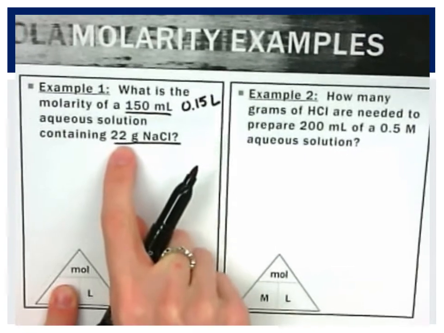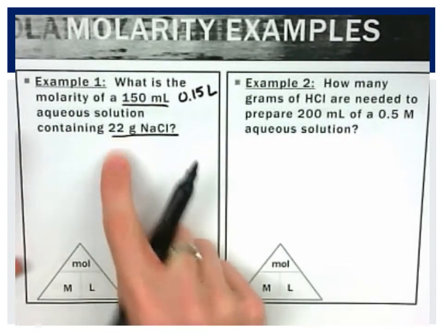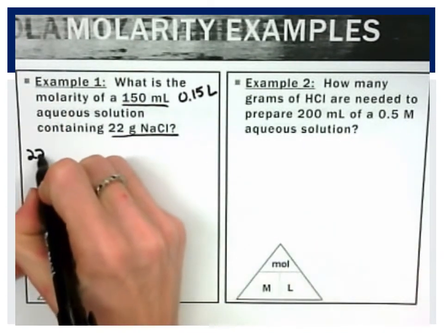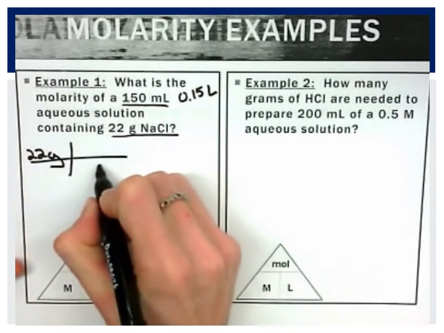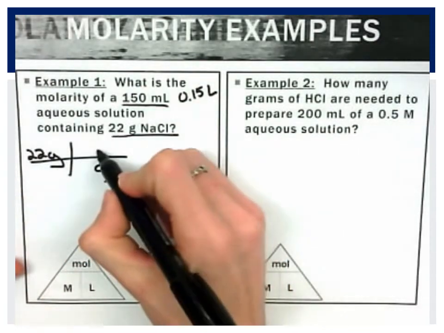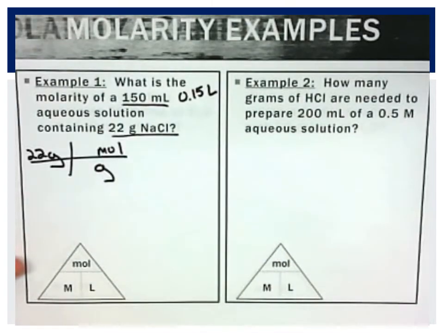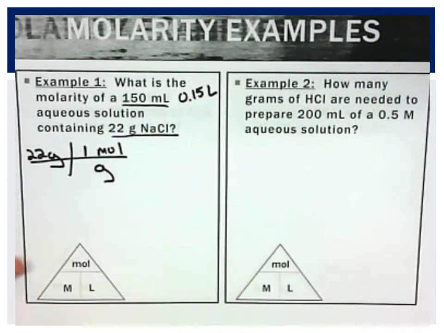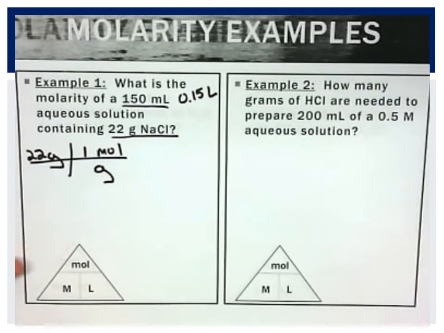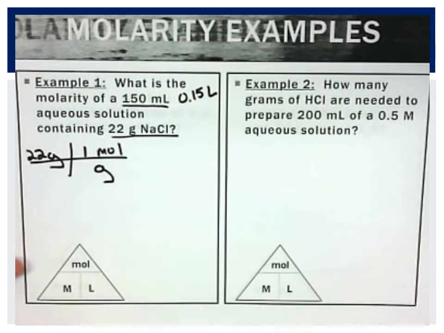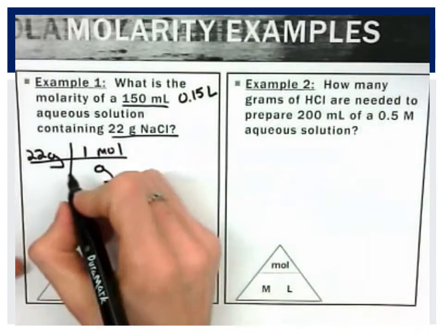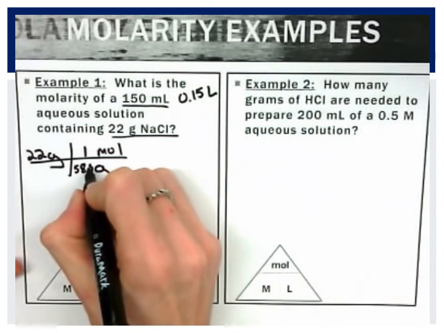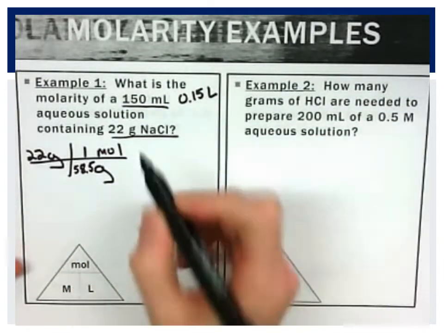Here I have 22 grams of sodium chloride. I need to convert that to moles. So I start with 22 grams. I want grams on the bottom, moles on the top, and I need the molar mass of sodium chloride. Sodium is approximately 23, and chlorine is 35.5. You get 58.5 grams per mole.